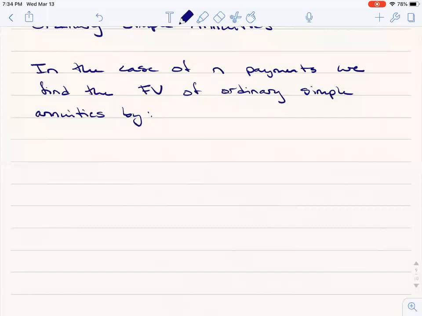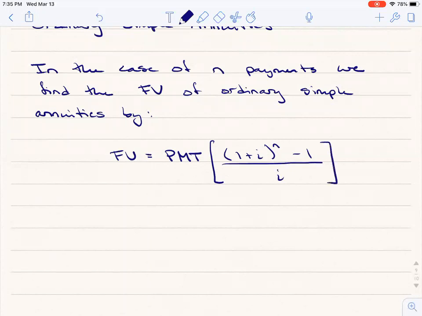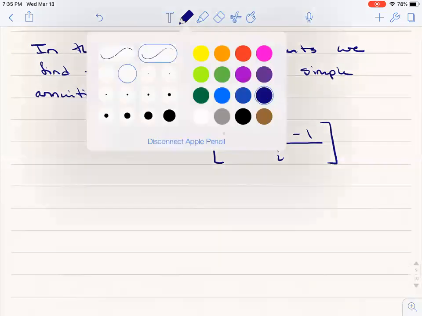The future value is your payment amount, PMT, times big square brackets: in the numerator, 1 plus I to the power of n, minus 1, over I. This is on your formula sheet.